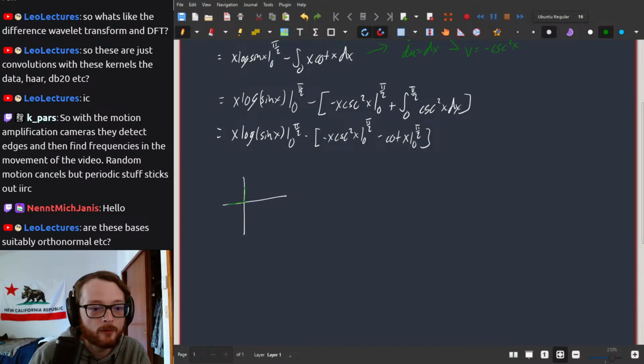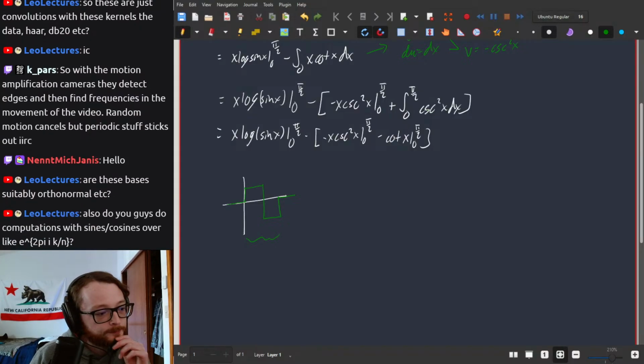So step up to 1, step down to -1, and then back to 0. You take dilations of it that represent your frequencies up and down, and then you also shift it left and right for one-dimensional transforms.